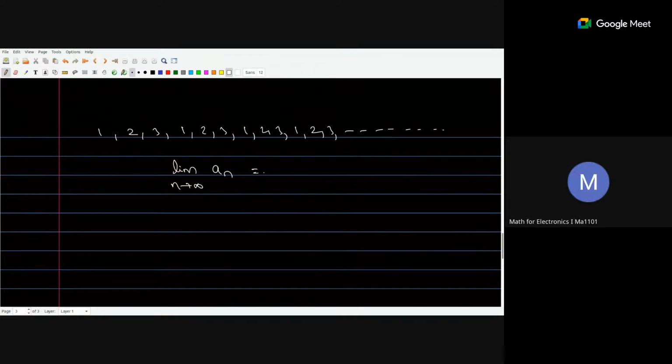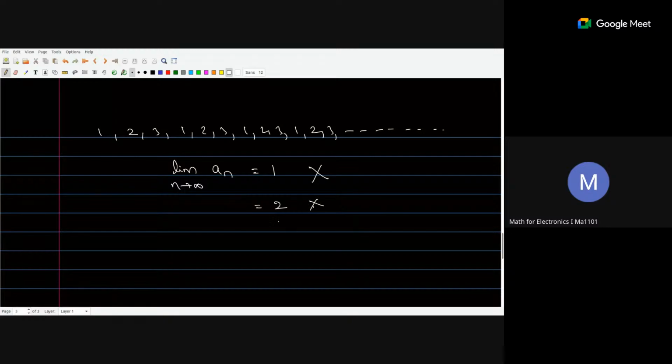Will I say it is equal to 1? Is it correct to say that? No, sir. Or 2 or 3? No, sir. If they all were together, then it would be right. But it's not together. So saying it equals 1 is not correct. Saying it equals 2 is also not correct.